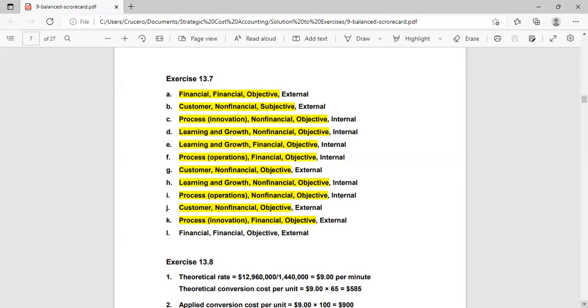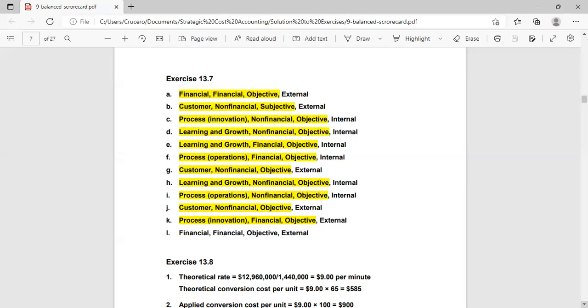For the following requirements, compute the theoretical conversion cost per unit. The company produces multiple machine parts. The theoretical cycle time for one of its products is 65 minutes per unit.